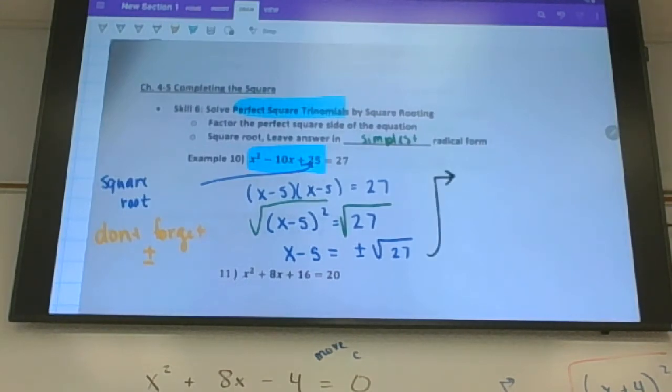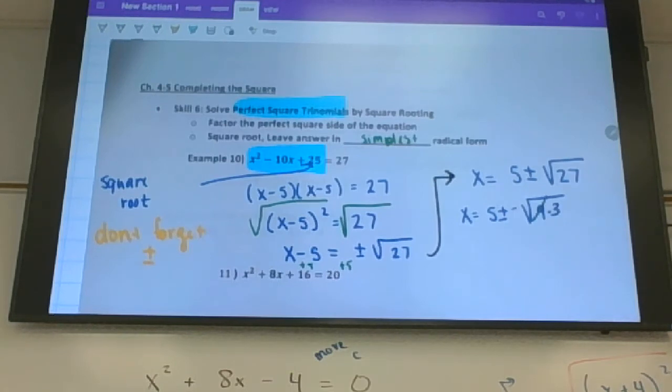So now we're trying to figure out what x is. So I'll add 5 to both sides. It'll go in front of the plus or minus sign. And the reason we spent days simplifying radicals is so that we could write this answer correctly. So we want to put this in simplest radical form. 27 is 9 times 3.